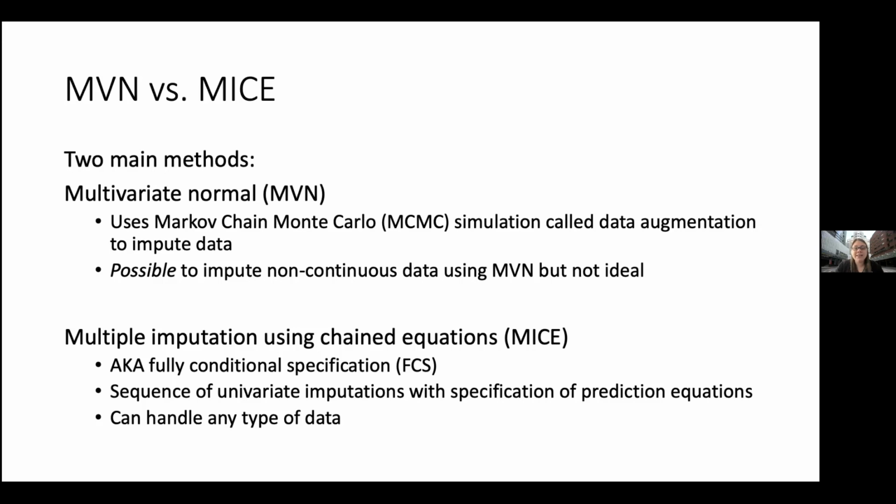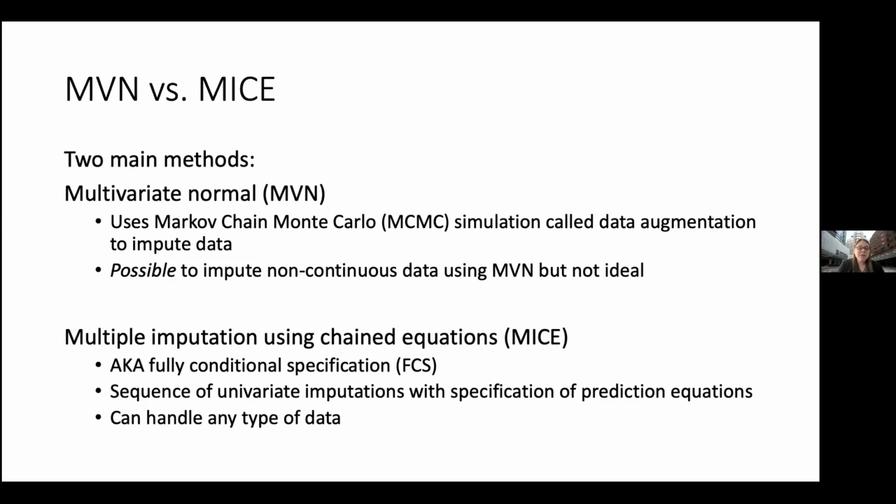If you're a Stata user, MICE is the preferred term, and if you use SAS, they call it FCS. What's happening with this is that you're doing a sequence of univariate imputations. So not single imputation, univariate just being one variable at a time.